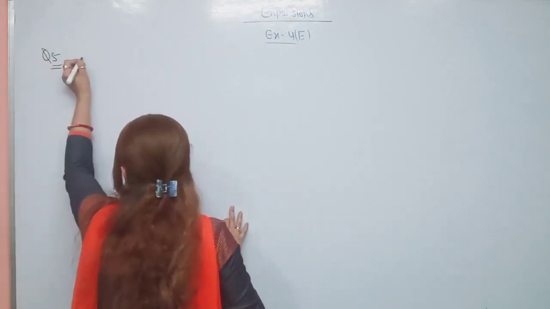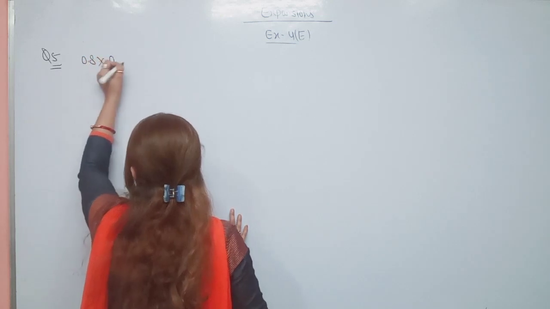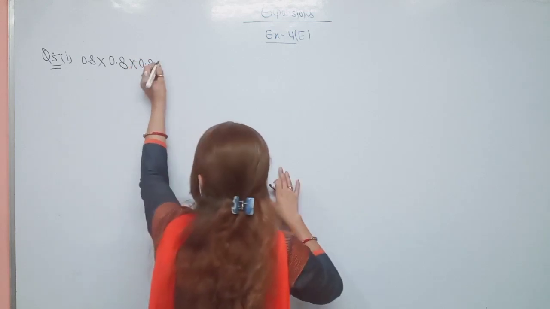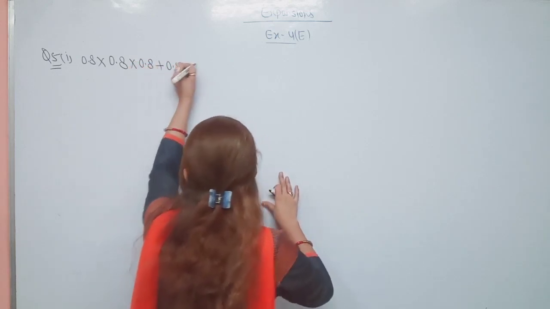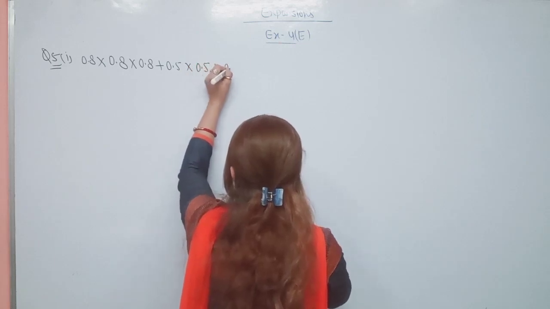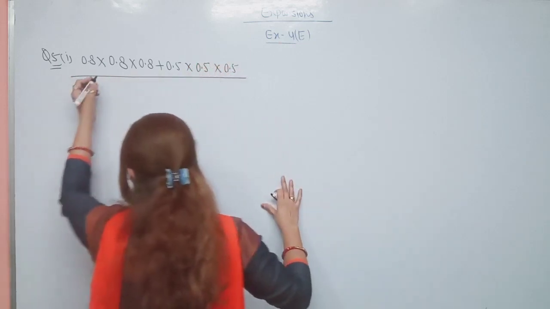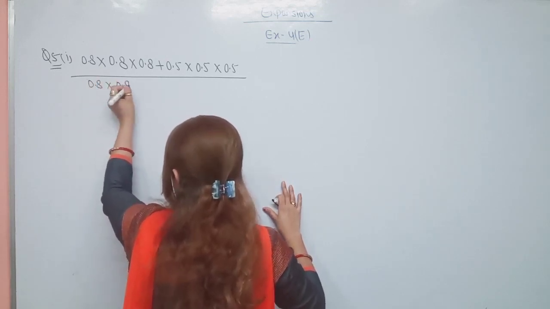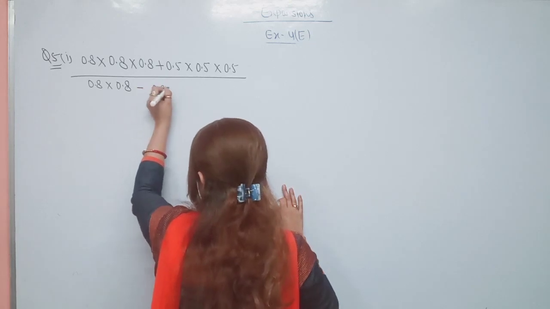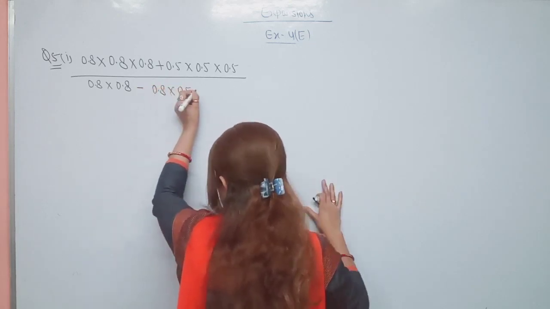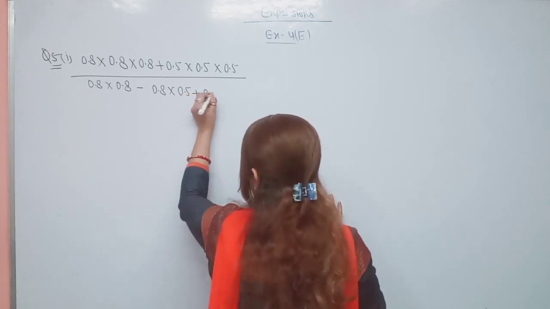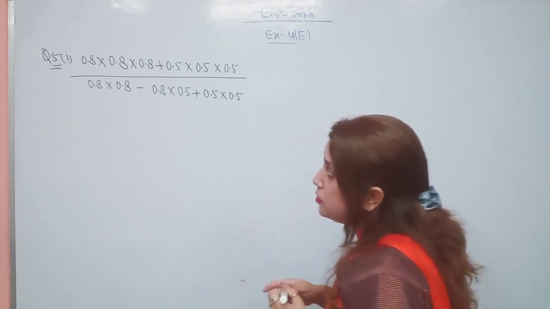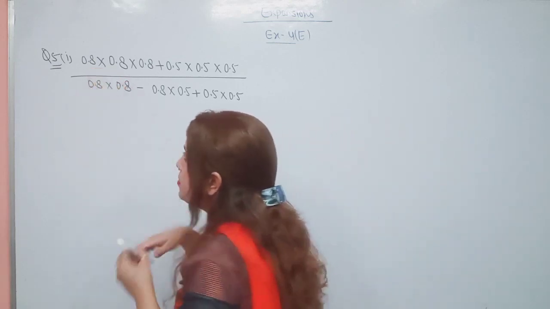The question is (0.8 × 0.8 × 0.8 + 0.5 × 0.5 × 0.5) upon (0.8 × 0.8 − 0.8 × 0.5 + 0.5 × 0.5). This type of question, first we let the number as a variable.